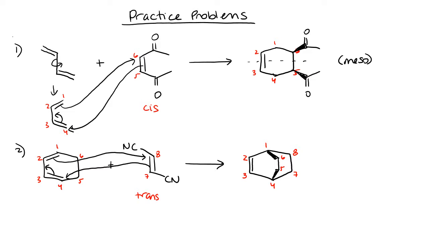Doesn't matter which one you choose. I'll go ahead and put the bottom one in the endo position and the top one in the exo position. This is a chiral molecule, so we would get its enantiomer as well.